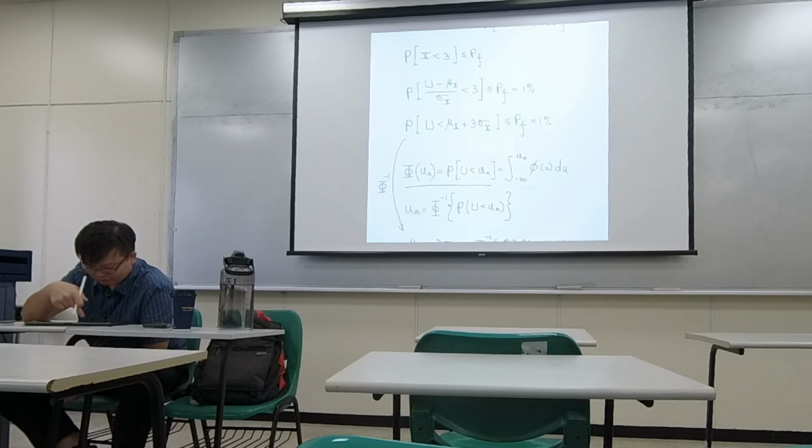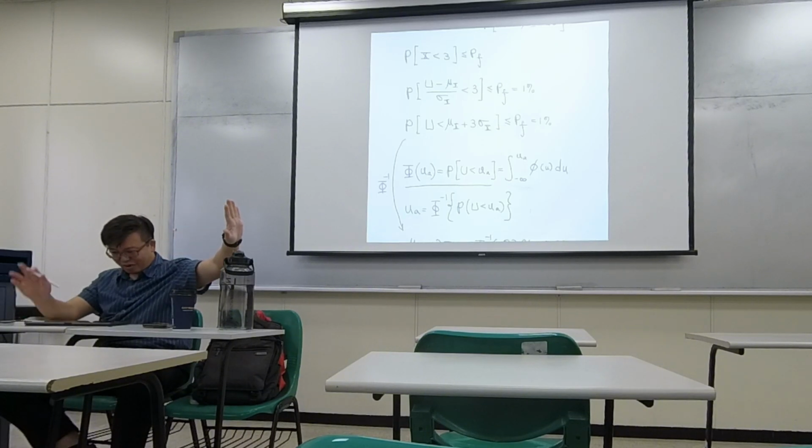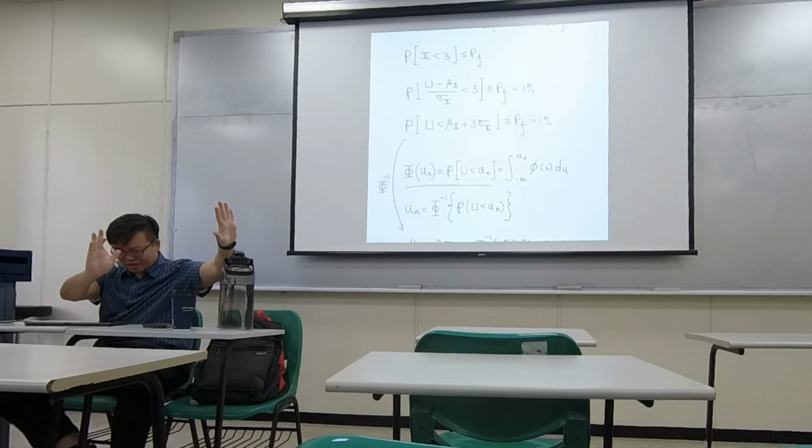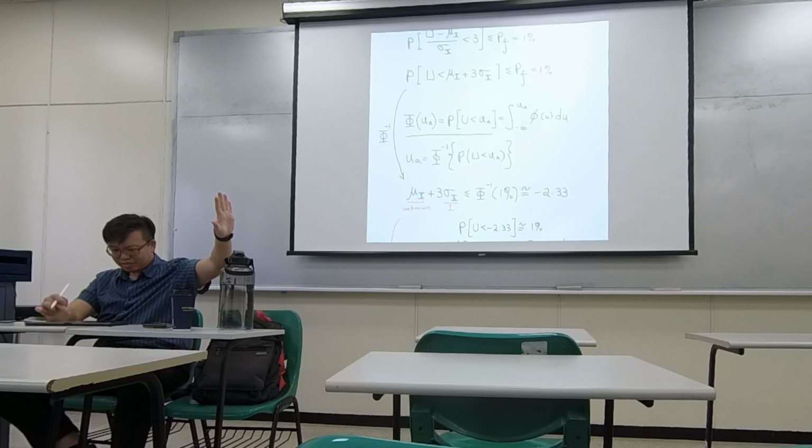This one is right. When you define this standard normal space, the 1% is on the left hand side. But when you do the conversion, it's a negative value.